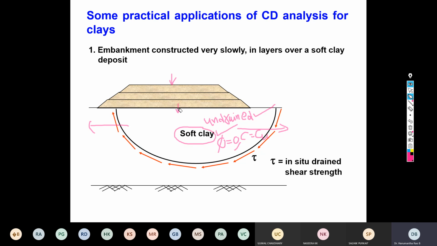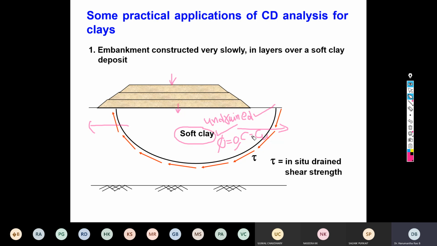The entire load is borne by only the water particles because phi is 0. And if it is a clay, that is in terms of the cohesion. Here the cohesion also includes the water pressure, which arises in the form of capillarity or the diffused double layer, and so on.